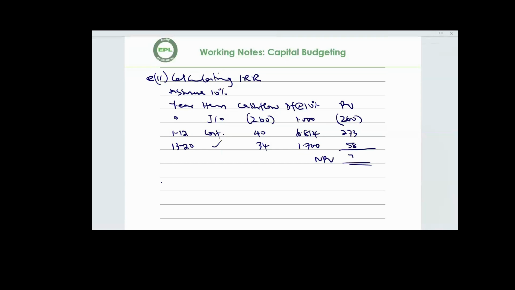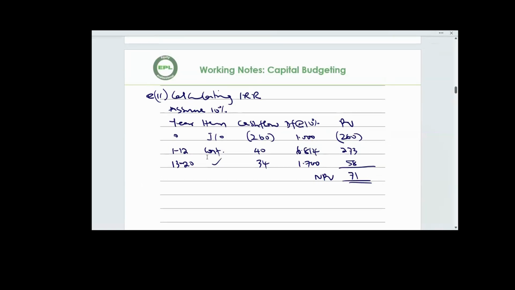So we assume 10%, we got a positive NPV of 71. In that case, we are going to assume the second discount rate to be 15%, which produces a negative NPV of 15.